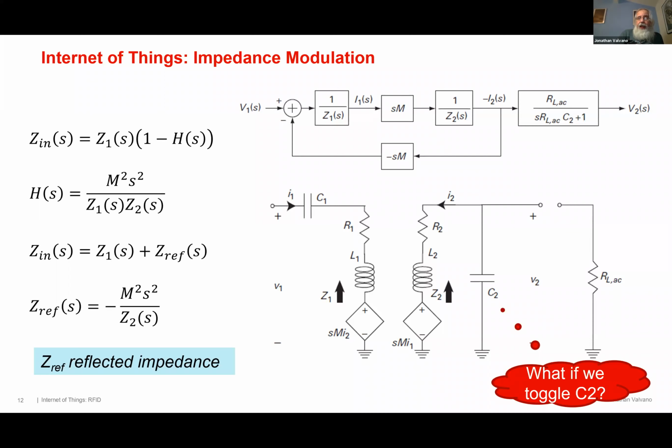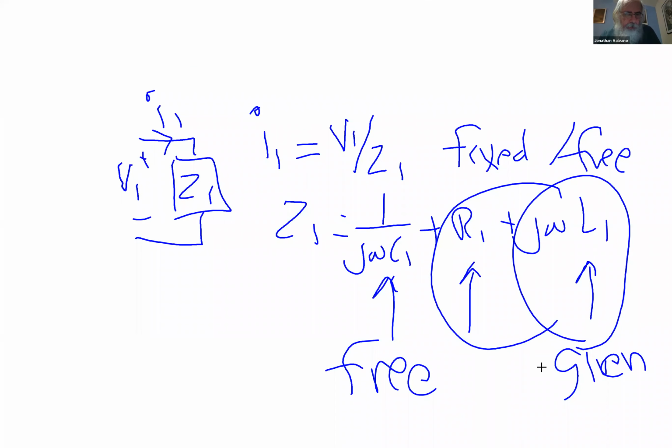So if I oscillated, and I'm going to do it at 10 hertz, by the way, I'm going to take a circuit and oscillate C2 between C2A and C2B at 10 hertz. Okay, go back to over here. Okay.